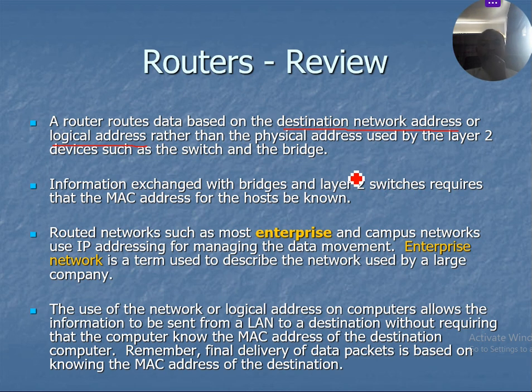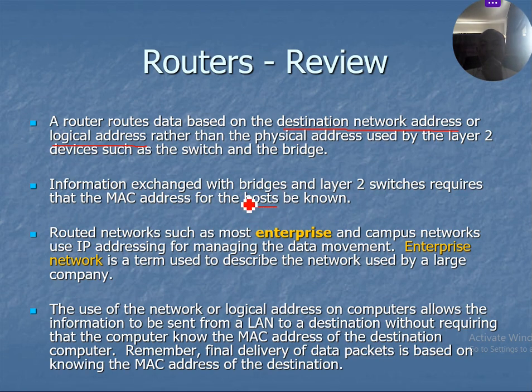Now we said the information exchange with the bridge, the switch and the hub in layer 2 requires that the MAC address of the host be known. The host in this case is both the sender and the receiver, what we call the host on a network, or in a LAN.